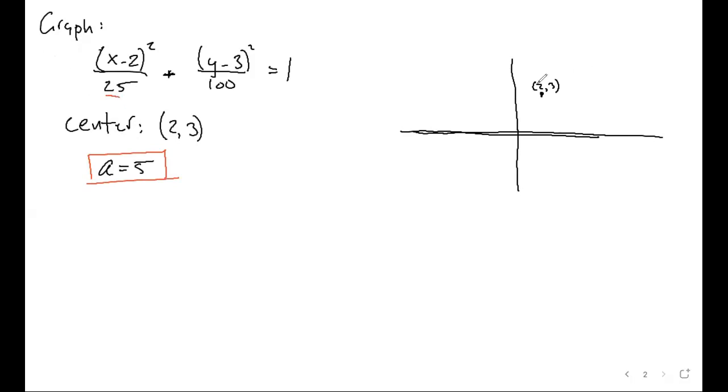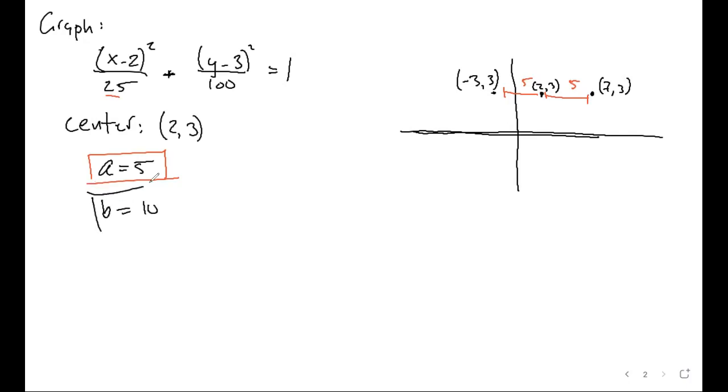That means that the horizontal distance of this ellipse is going to be 5. Now, if that's true, that means that this point here is (7, 3). This point here is (-3, 3). I hope I got that right. Yeah, that looks right.